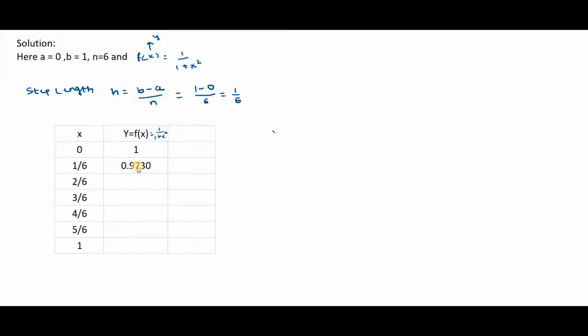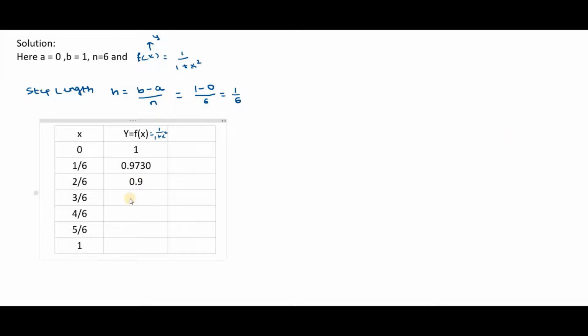Similarly, we have to substitute the value x is equal to 2 by 6. Then y is equal to 1 divided by 1 plus x square, which means 1 divided by 1 plus 2 by 6 whole square, and if you simplify this, you will get 0.9.